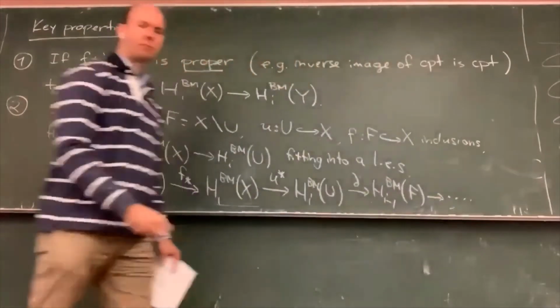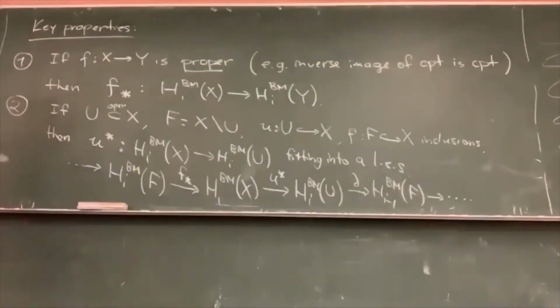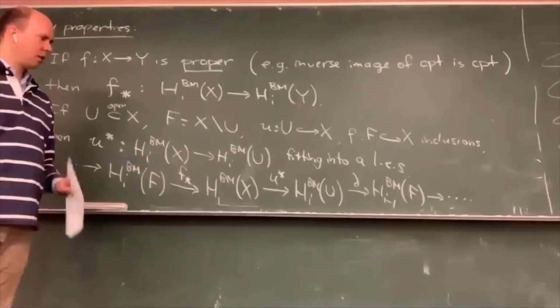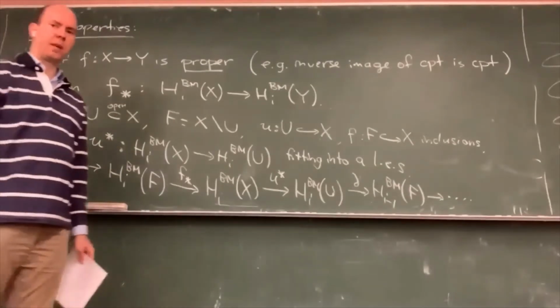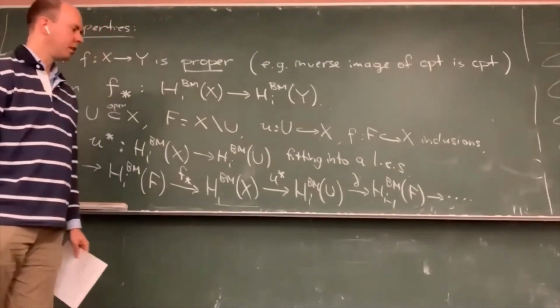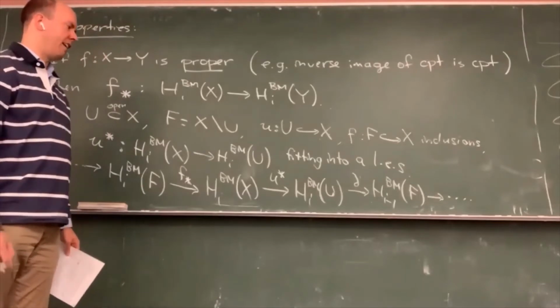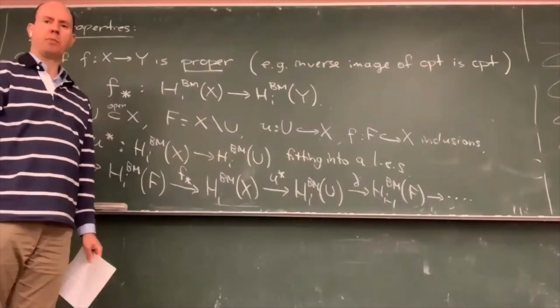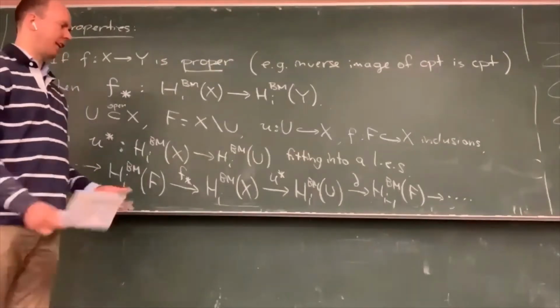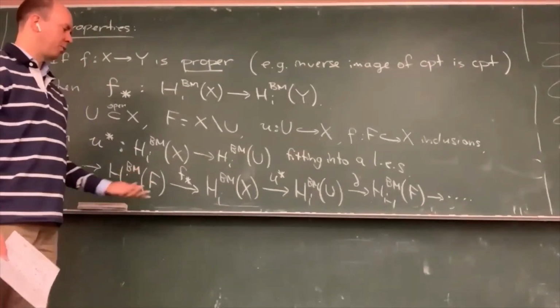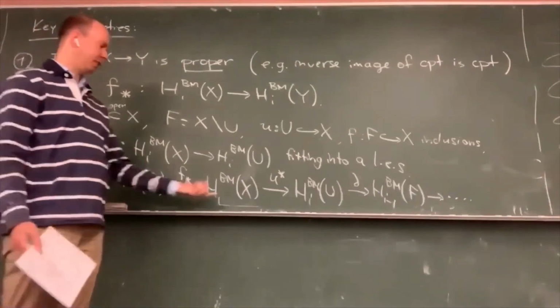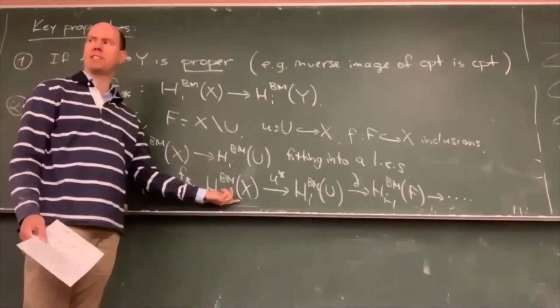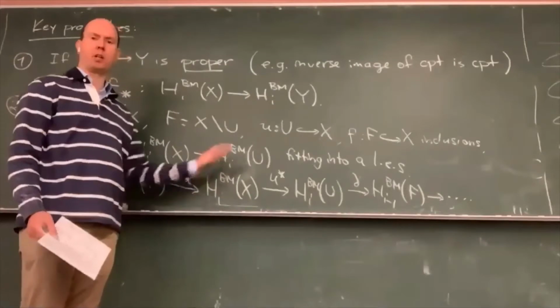So this is something that you don't have for ordinary homology, and it's somewhat of a pain. But for Borel-Moore homology, you do get this sort of optimal way of expressing the homology of a space in terms of the homology of an open subset and the complementary closed subset.